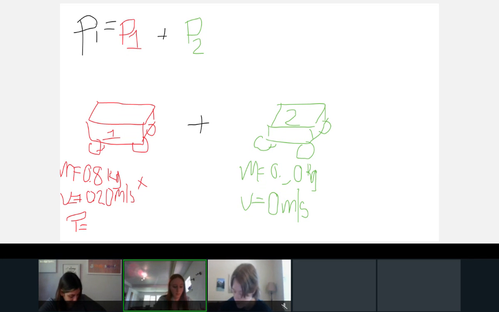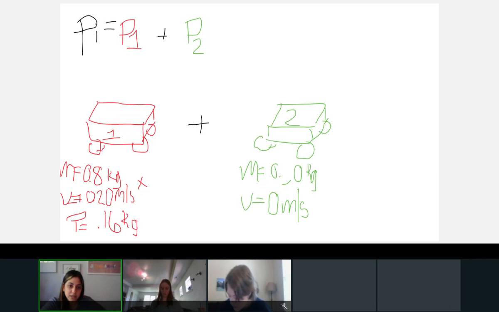Good. So we've got 0.16 kilograms times meters per second, right? And what is the momentum for wagon 2?